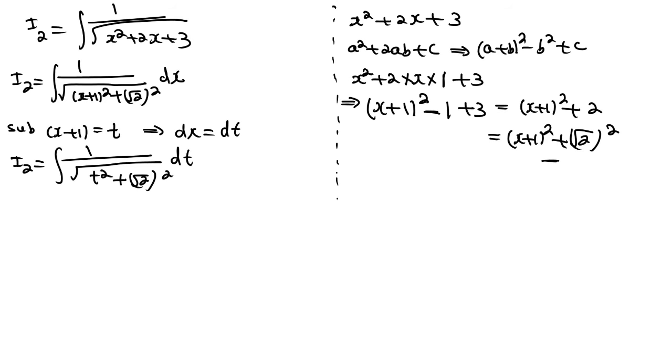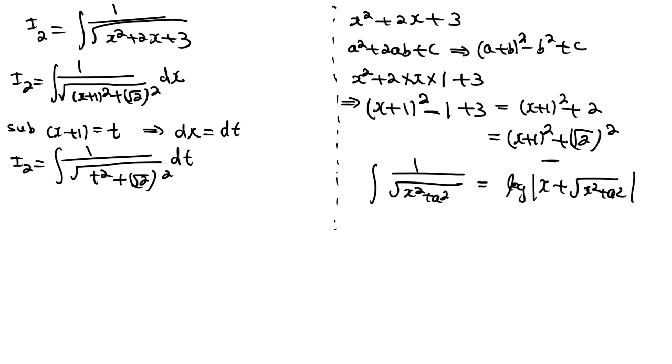What is the formula? Integration of 1 by square root of x square plus a square. See, it's a standard formula, right? It's equal to log of mod x plus square root of x square plus a square, plus c.